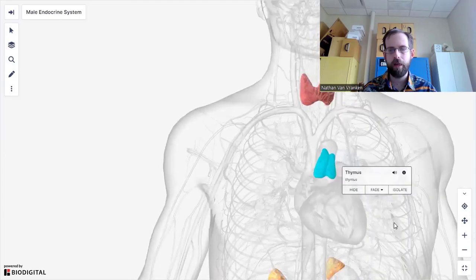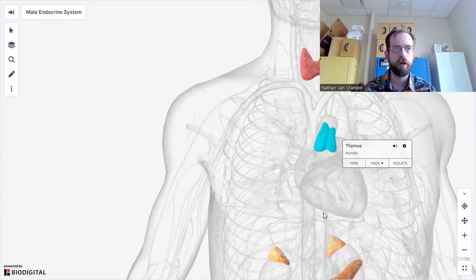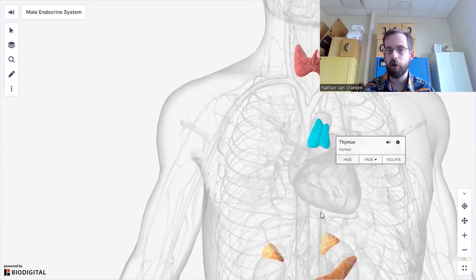There is the thymus. It's a little more anterior to some of our structures that we learned about in the cardiovascular system. And that one will help regulate a variety of other biochemical functions in our body.